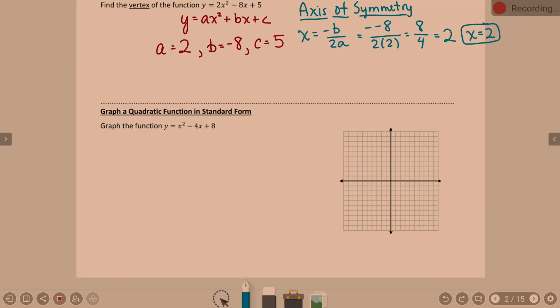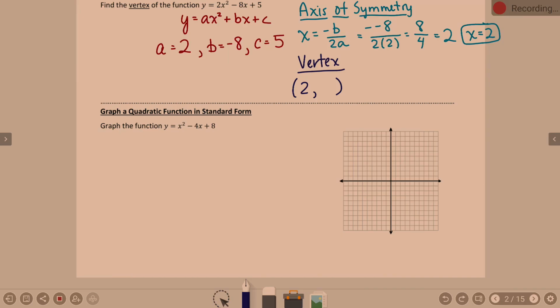Okay? After you find your axis of symmetry, you're going to find your vertex. What can you tell me about your vertex right now if you had to give it to me? My x is 2.